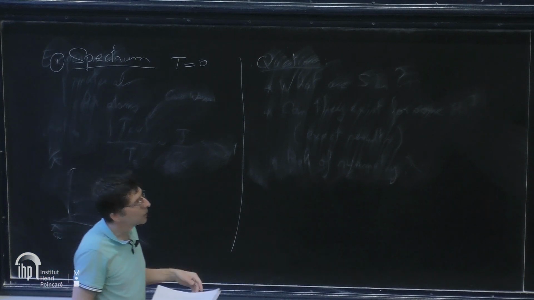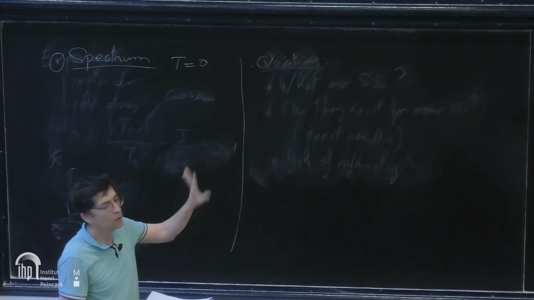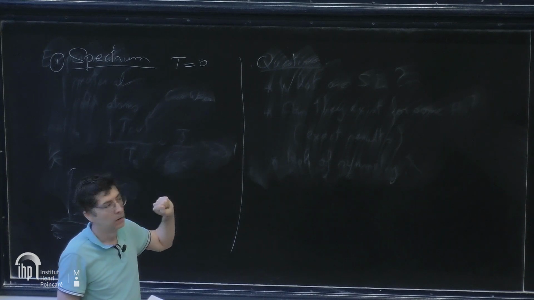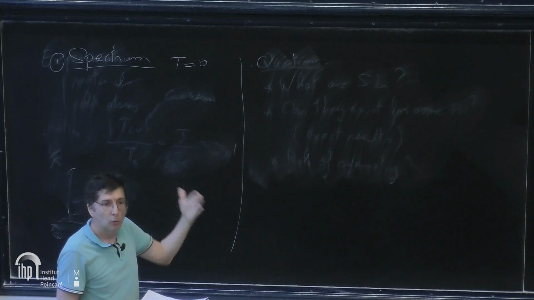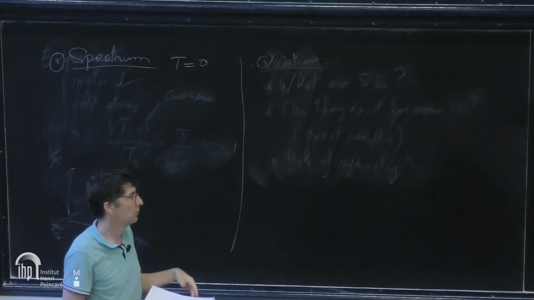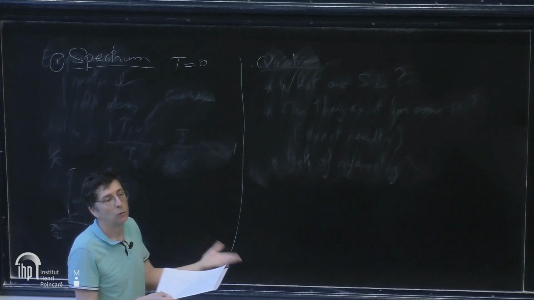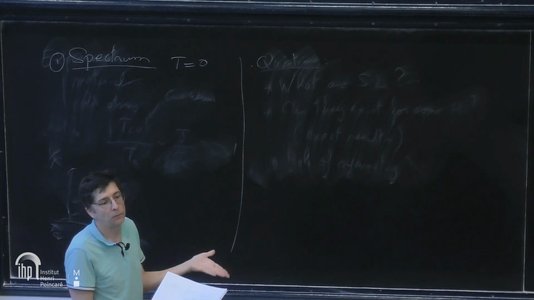I also didn't discuss order by disorder in the lecture, actually. When you have this very large degeneracy in the classical case and you add thermal fluctuations, or quantum fluctuations, Villain has argued, and it's called order by disorder, that generically you reduce the degeneracy. This degeneracy was a bit artificial.